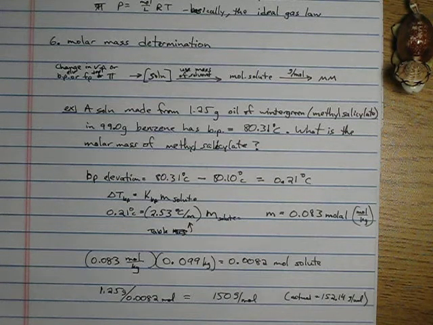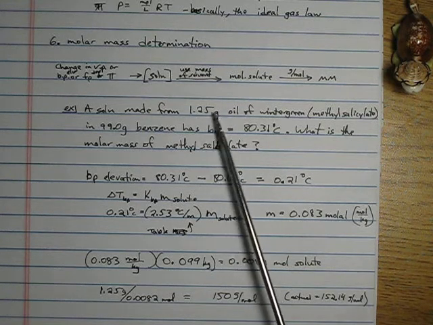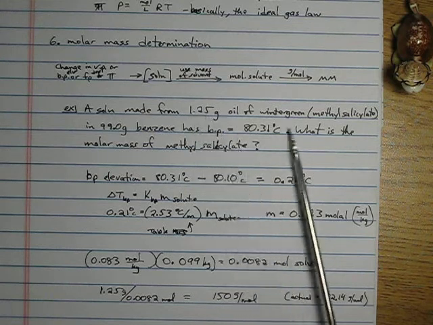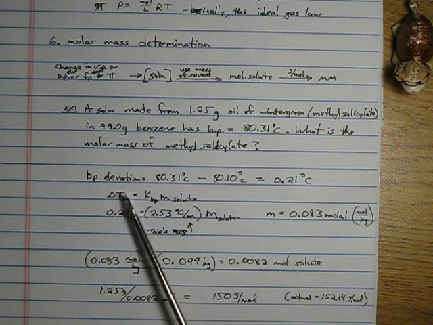So just by looking at our boiling point elevation, so far we can calculate the number of moles of oil of wintergreen, 0.0082 moles. But no, we weighed that out. We weighed out 1.25 grams of oil of wintergreen. We didn't know it at the time, but that 1.25 grams of oil of wintergreen was 0.0082 moles of oil of wintergreen. Our change in boiling point gave us that information.